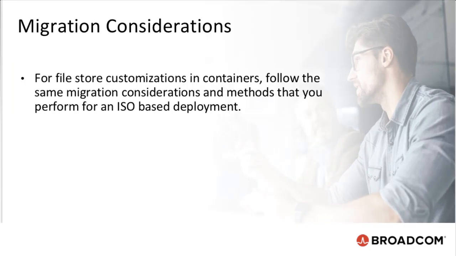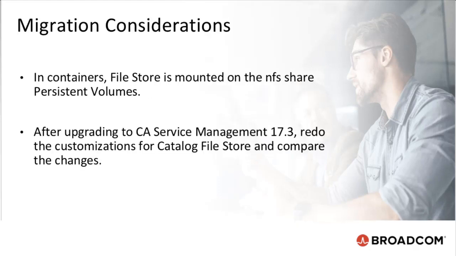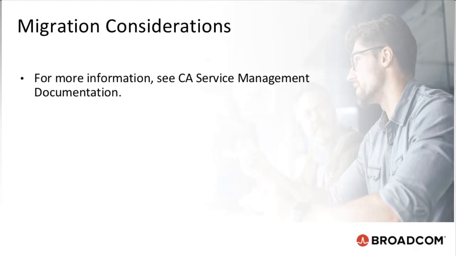For file store customizations in containers, follow the same migration considerations and methods that you perform for an ISO-based deployment. In containers, file store is mounted on the NFS share persistent volumes. After upgrading to CA Service Management 17.3, redo the customizations for catalog file store and compare the changes. For more information, see CA Service Management documentation.